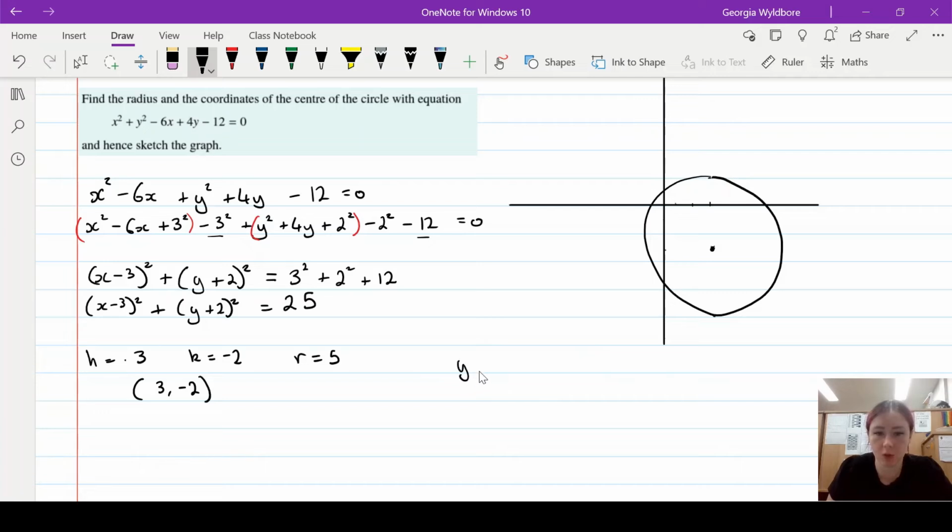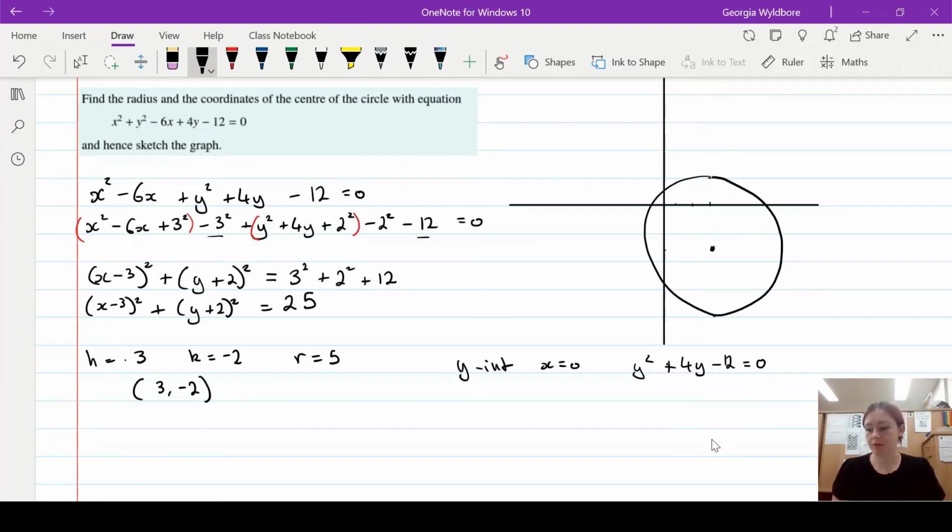So let's start with our y-intercepts. Make x 0. Going back to our original equation is probably easier than the rearranged one, just because it's a bit less work. So we've got y squared minus 6 times 0, we can ignore that, plus 4y minus 12 equals 0. That's just a quadratic that we need to solve.